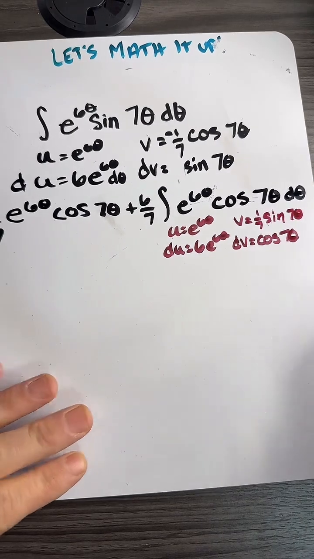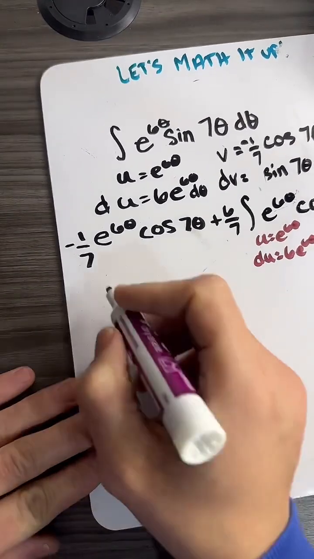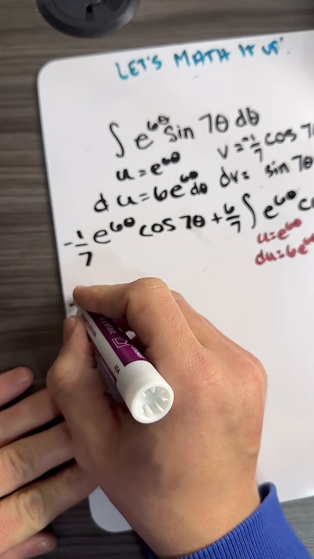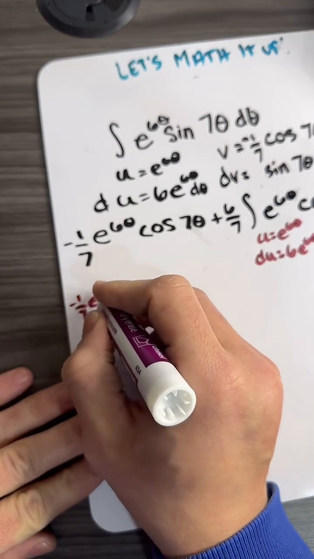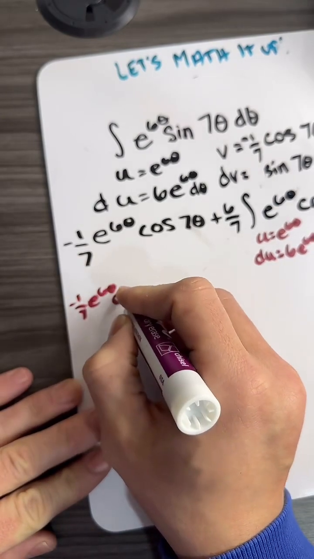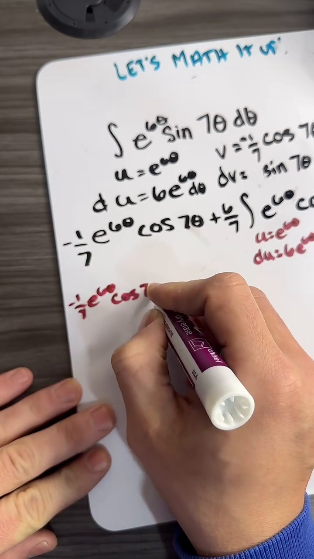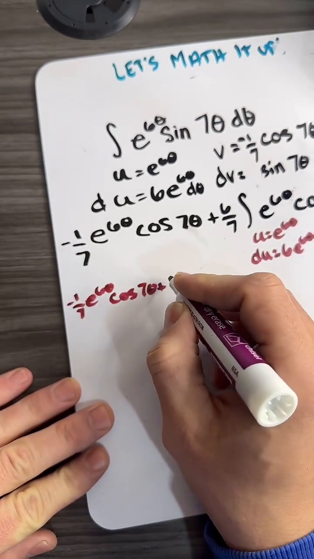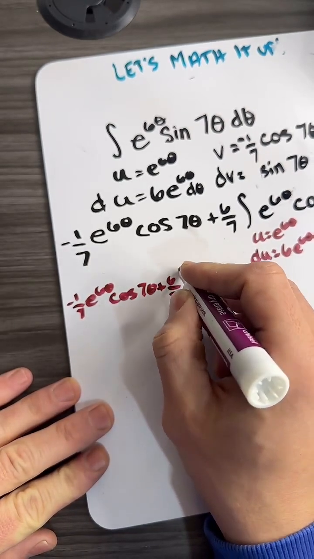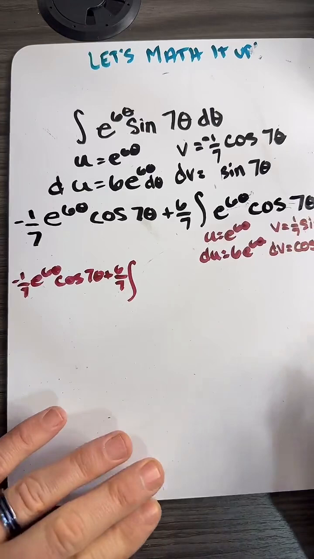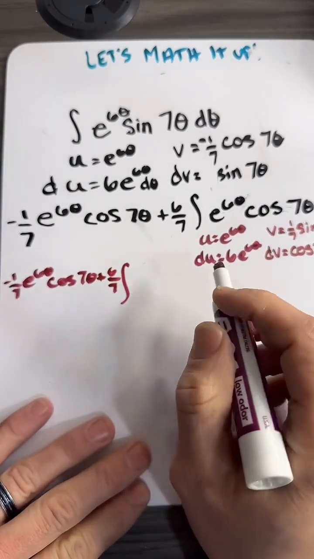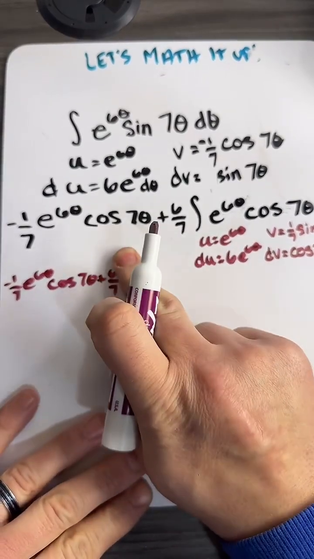Perfect. Okay, so let's rewrite this. I'm going to squish this all in. Negative 1/7 e to the 6th theta cosine 7 theta plus 6/7 integral of, okay, I'm not going to do the integral yet.